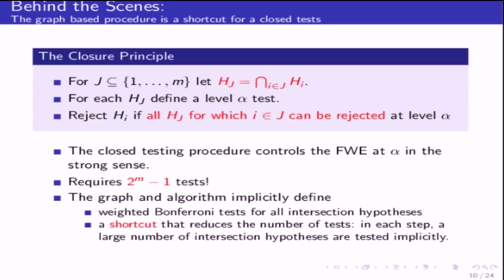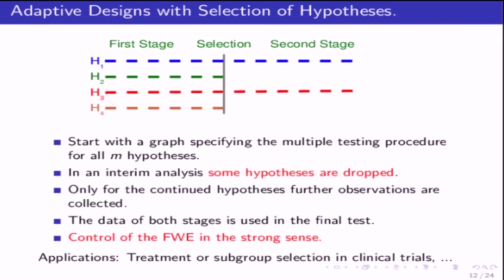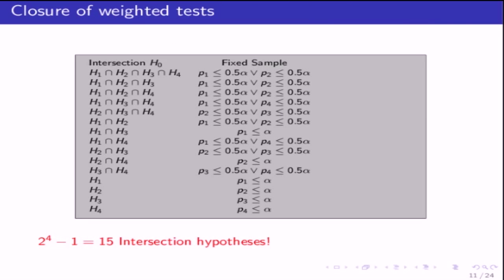It simply says we can reject an elementary null hypothesis only if we can reject the elementary null hypothesis itself at full level alpha, and all the intersection hypotheses it is part of also at full level alpha. So this would require 2^m minus 1 tests, but you don't have to take care how these tests are defined, because the graph does it automatically for you.